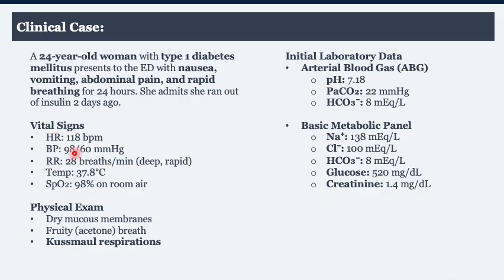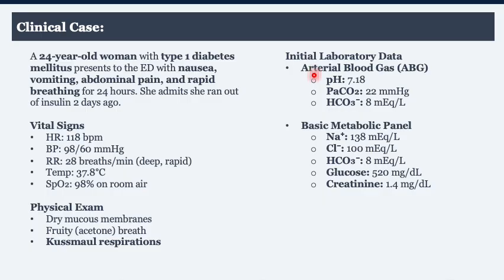On exam, her heart rate is elevated at 118, blood pressure is 98/60, respirations 28, deep and rapid, temperature is 37.8 degrees Celsius, and oxygen saturation is 98% on room air. On your physical exam, her mucous membranes are dry. She has a fruity acetone breath, and she's doing Kussmaul respirations.